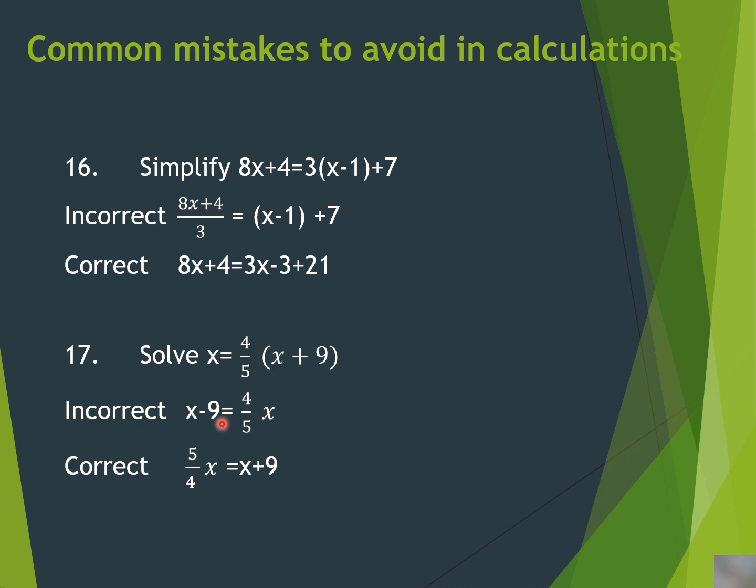What you actually have to do is take this 4 by 5, because it's a single term basically. 4 by 5 into (x plus 9) are multiplying together. They are not simply adding or subtracting. So you will take this 4 by 5 on the left hand side, and because it is getting multiplied by the entire thing over here, when you take it on the left hand side, you will take the reciprocal of it, right?